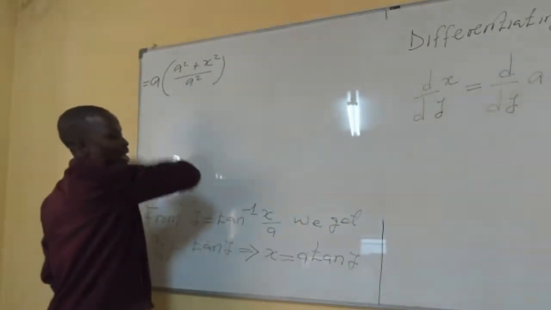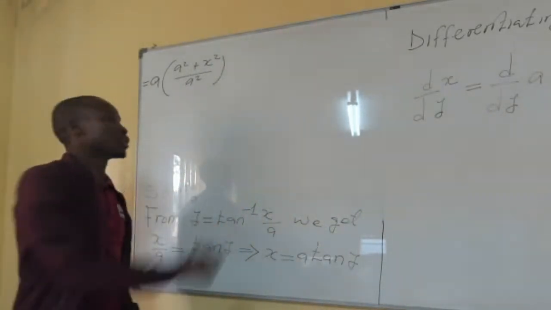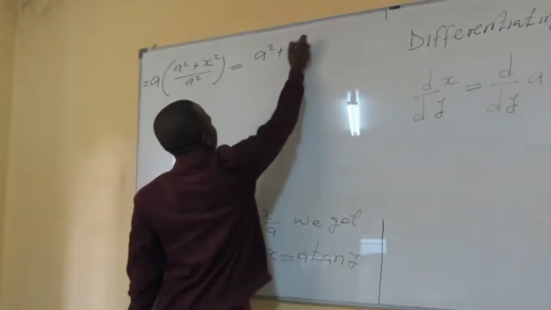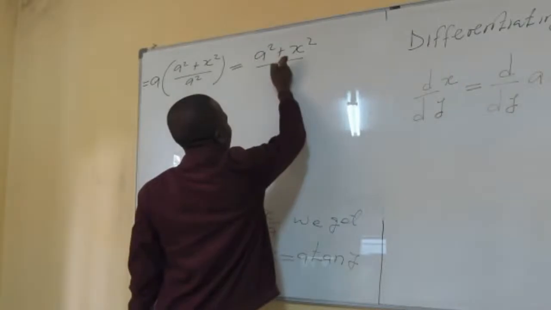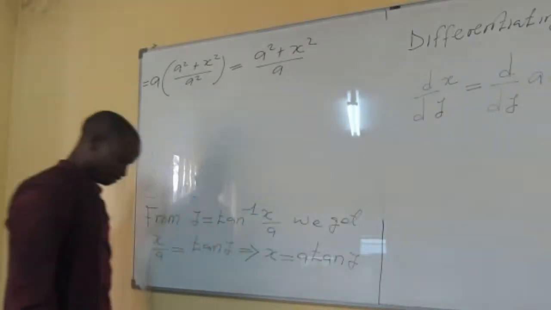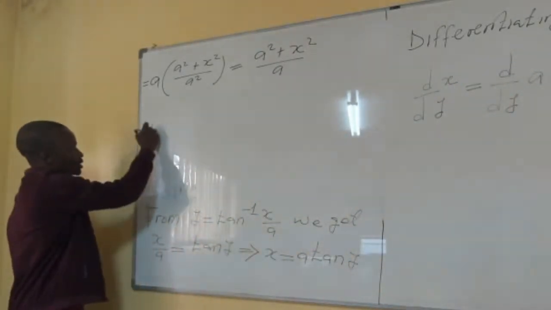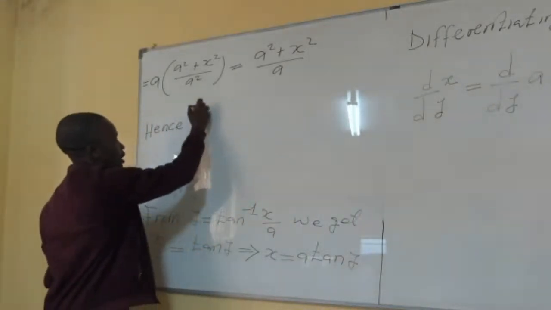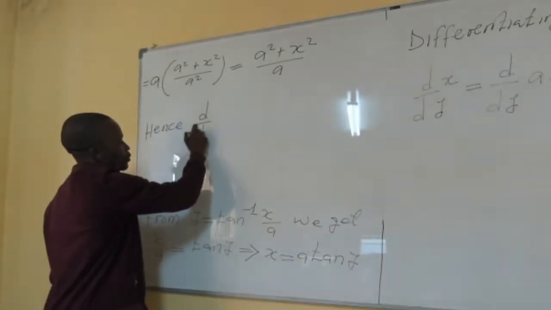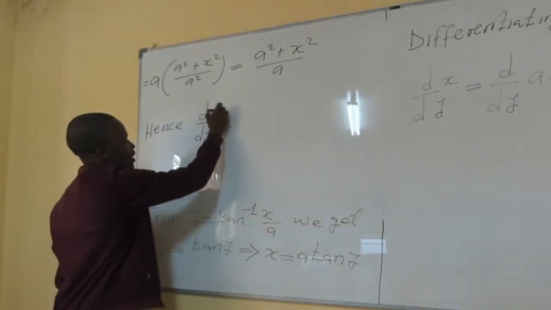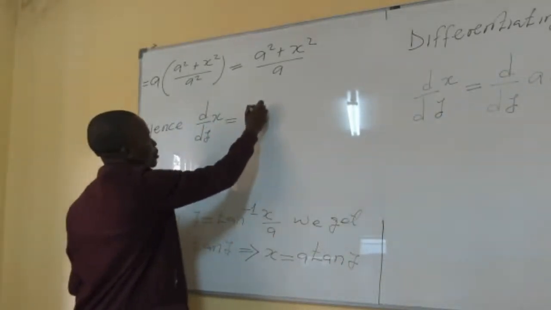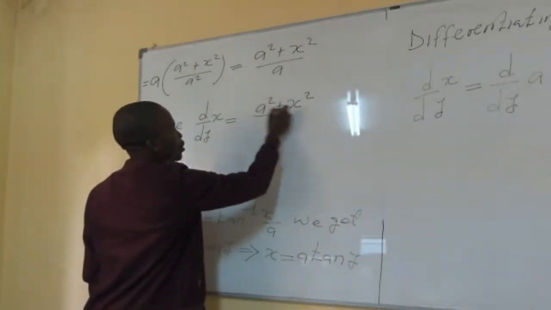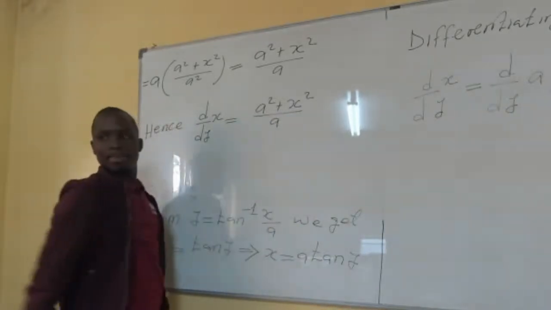When we multiply through by that a which is outside, what you are going to get is a squared plus x squared over a. Hence, we are saying the derivative with respect to y of x is equal to a squared plus x squared over a.